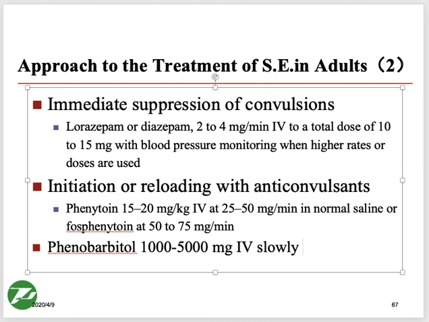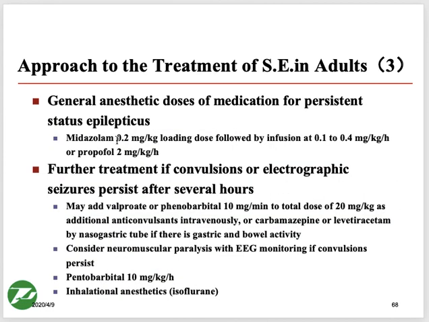If this cannot control the seizures, then the last choice is midazolam, propofol, or thiopental, because this is to induce anesthesia. So we put the patients on continuous midazolam or propofol. This is how we treat a patient of status epilepticus.